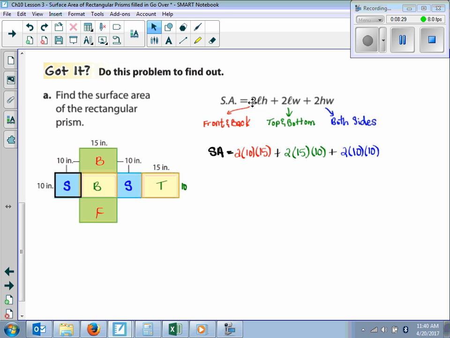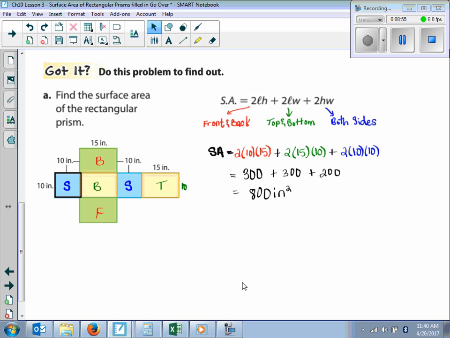So this is your formula, this is your substitution, and now we simplify to get the answer. 2 times 10 times 15 is 300. 2 times 15 times 10 is 300. And then 2 times 10 times 10 is 200, and now you just add them together. So we have 800 inches squared.